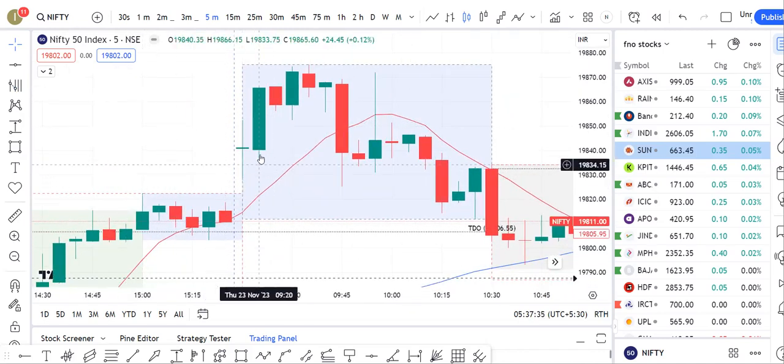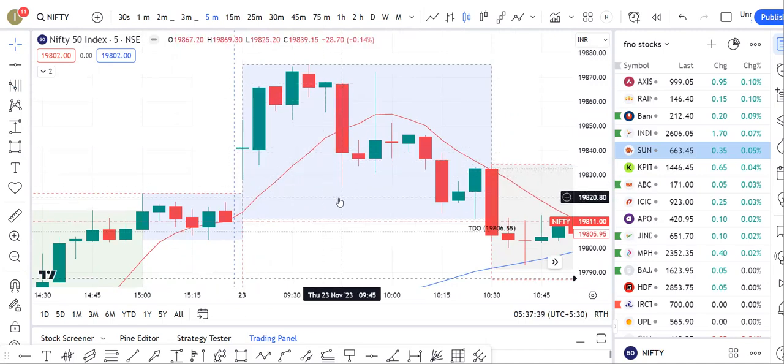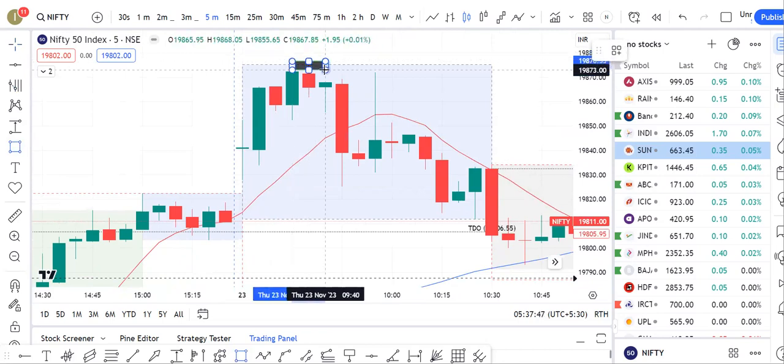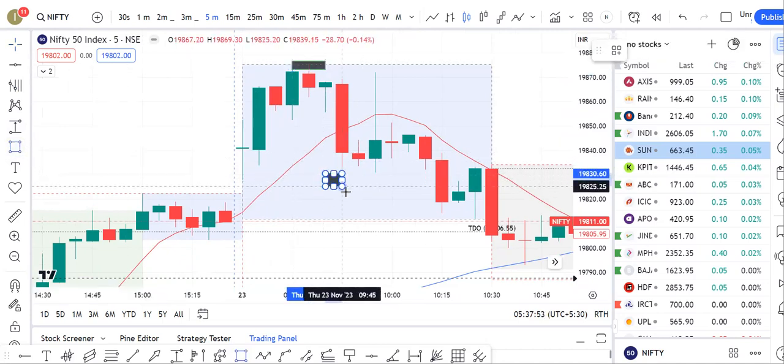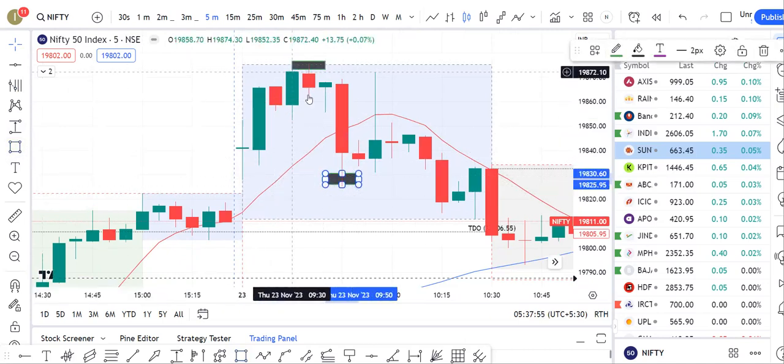And when it started from here, this big candle made a higher high and higher low. So what you have to do is mark this high and mark this low. It is showing a market structure shift.